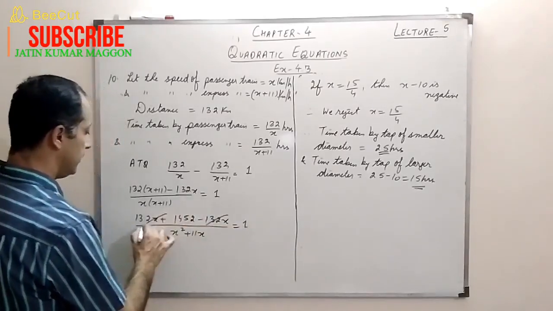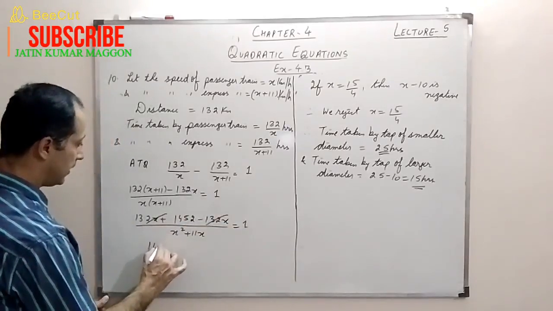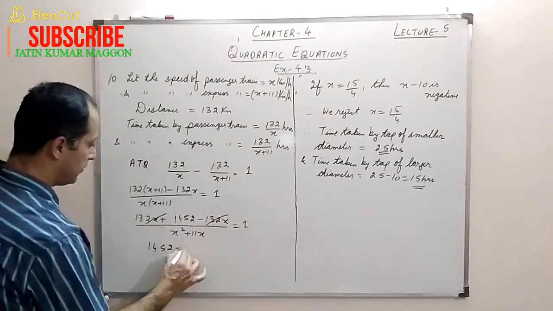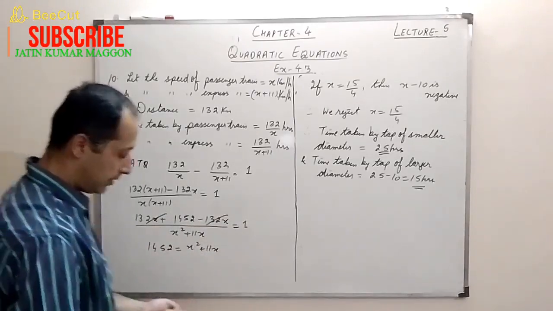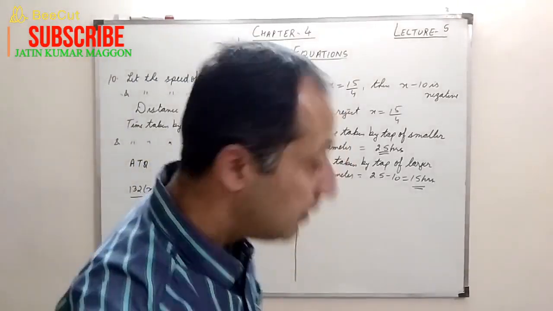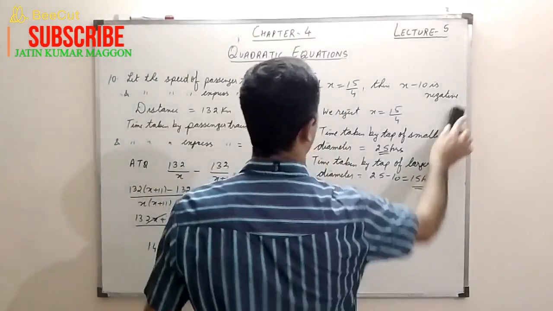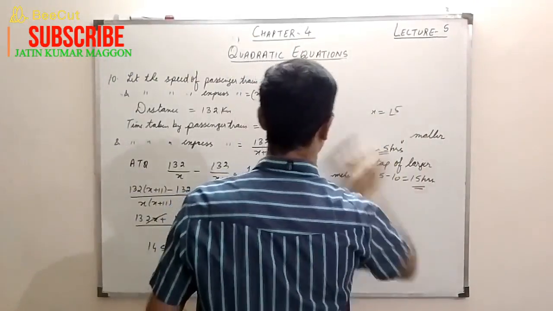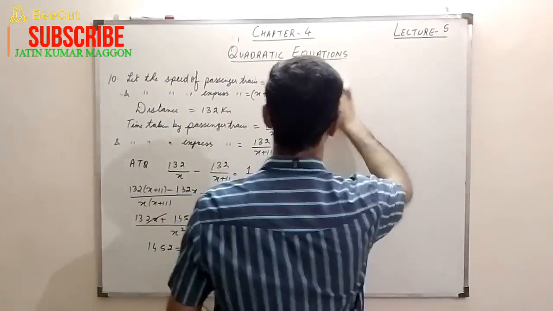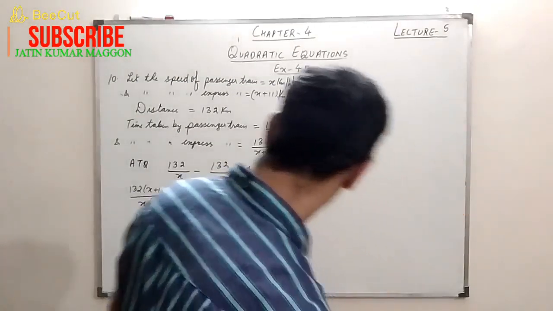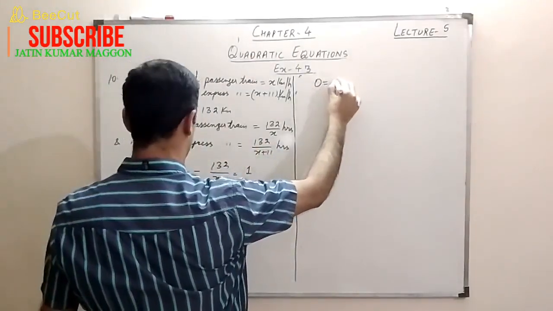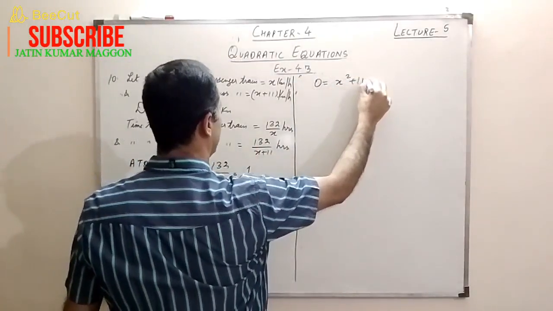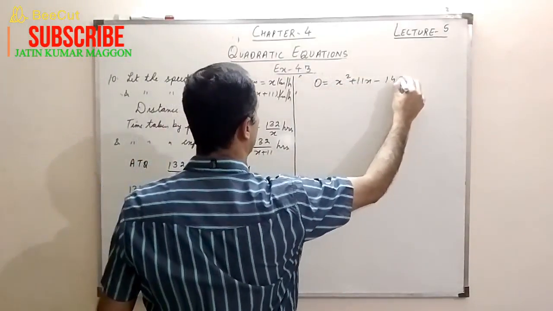Now this cancels, so cross multiply, I get 1452 = x² + 11x, or we shift 1452 to the right side, we get 0 = x² + 11x − 1452.